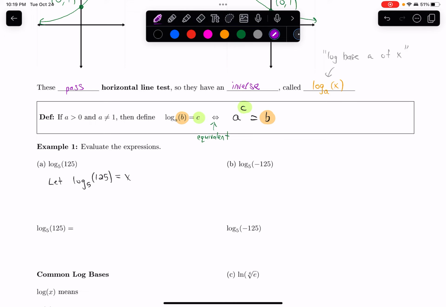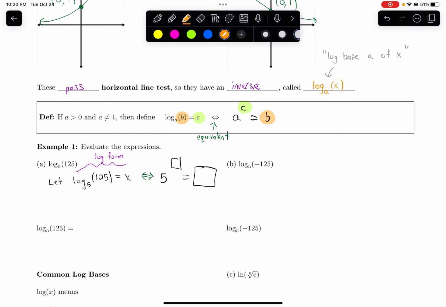Currently this equation is in log form, but I feel a whole lot more comfortable working with things in exponential form. So I'm going to transform it to exponential form. In exponential form, the base of the log becomes the base of the exponent, so I'll get 5 to some power equals something.